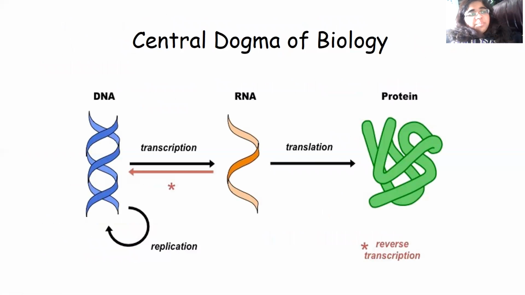So just to recap, the central dogma of biology: DNA to RNA to protein. Always remember that. Don't ever forget it. It'll be your best friend forever. So hopefully you guys have ingrained it in your brains as of now.